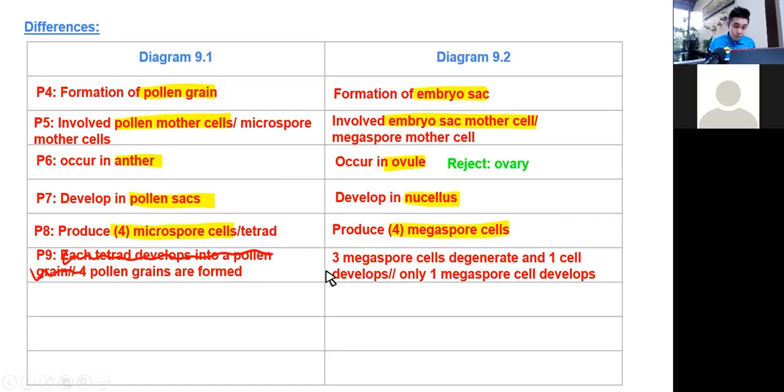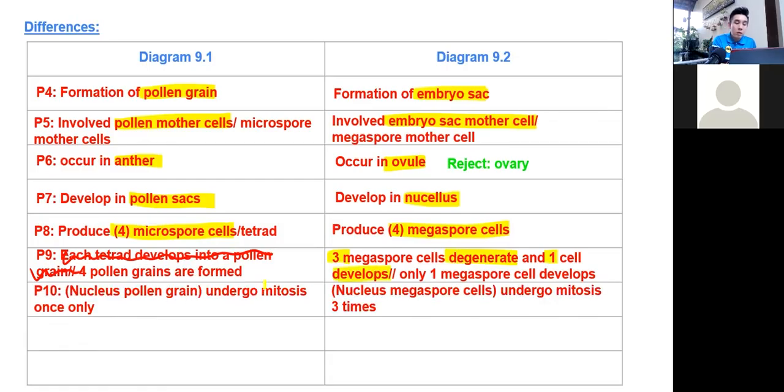Whereas here, out of the 4, 3 will degenerate because we just want it to be haploid. I don't understand why the megaspore, the 4 that are produced, 3 degenerate. Aren't they the same? Yeah, but the reason is that you want it to be haploid. Haploid means N. So 3 will degenerate, the remaining 1 develops.